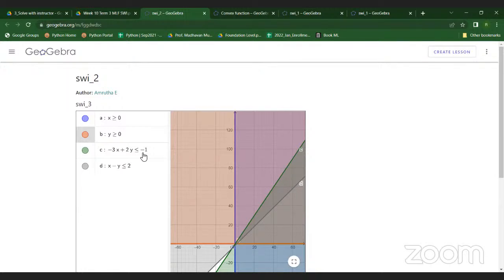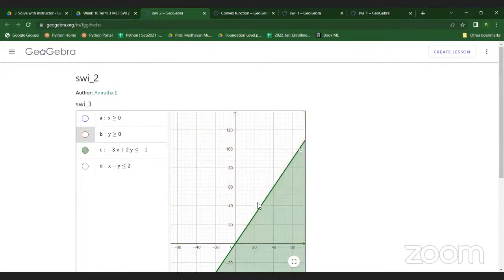What that basically says is that it includes all this region. All this region which comes under this, let me do another one. So this includes all this green colored region.